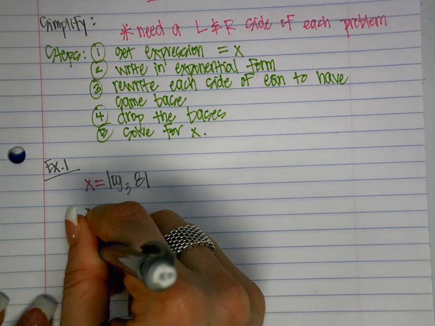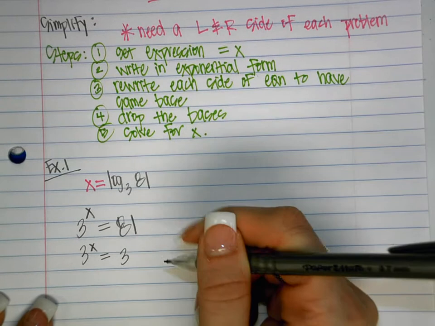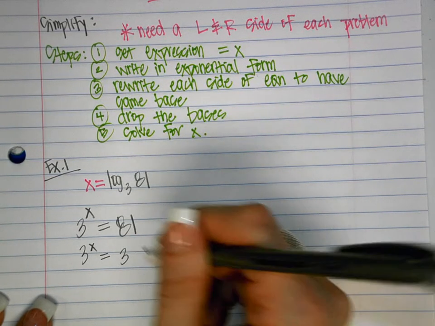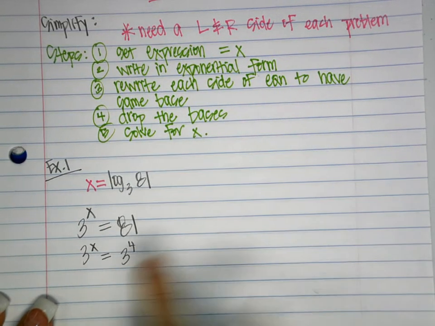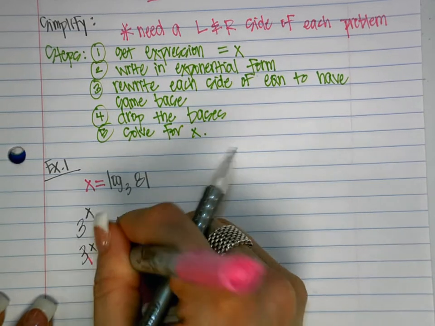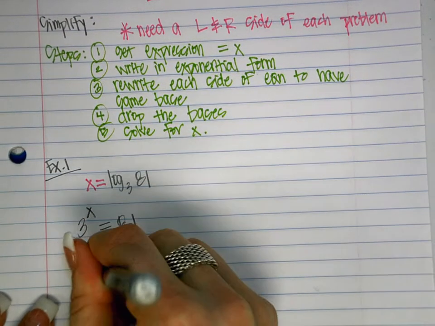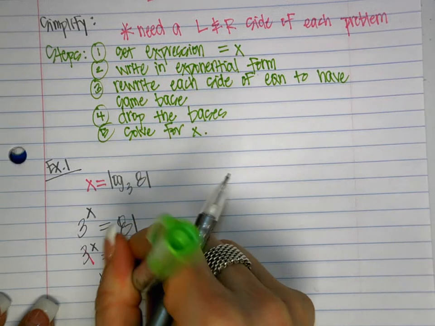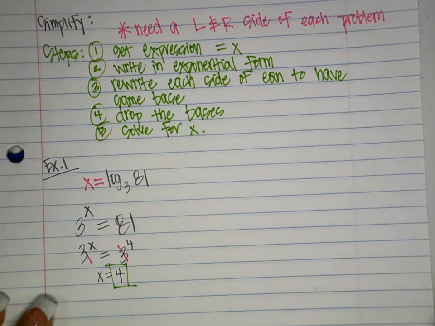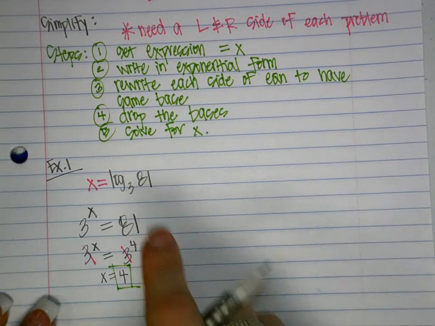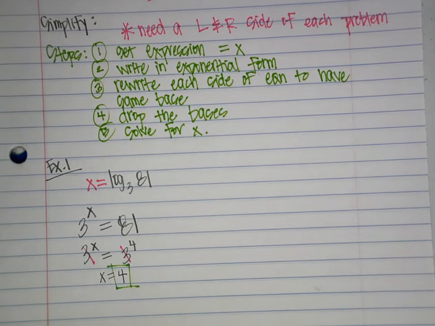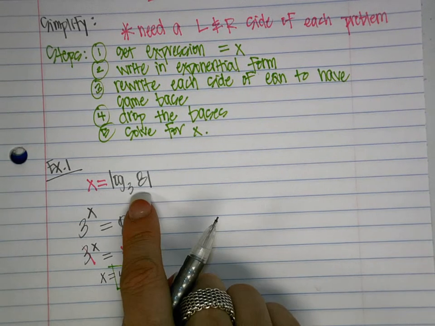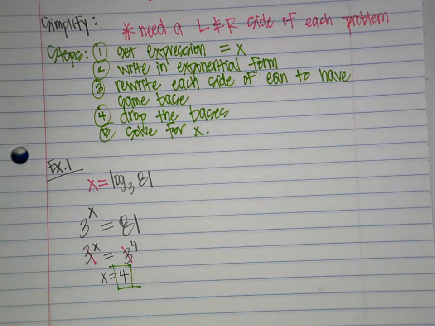So 3 to the x equals 3 to what power equals 81? 3 to the 4th. Now that you have the same base, you can drop the bases and solve. x equals 4. That's your answer. Eventually, you will not have to do all of these steps. You'll just figure out, 3 to what power equals 81, and get 4 really quickly.